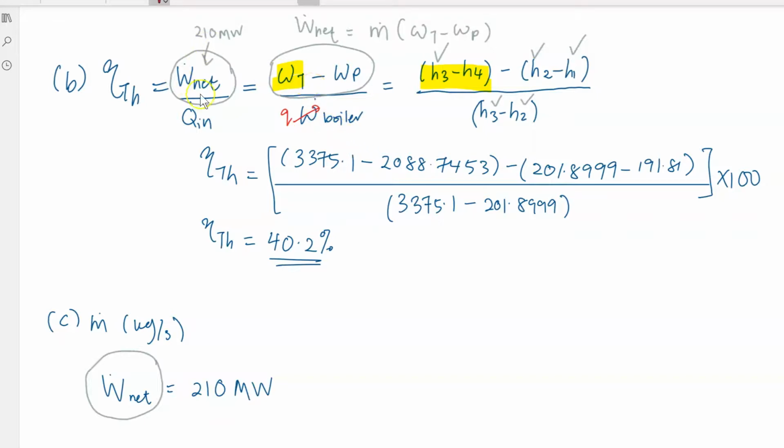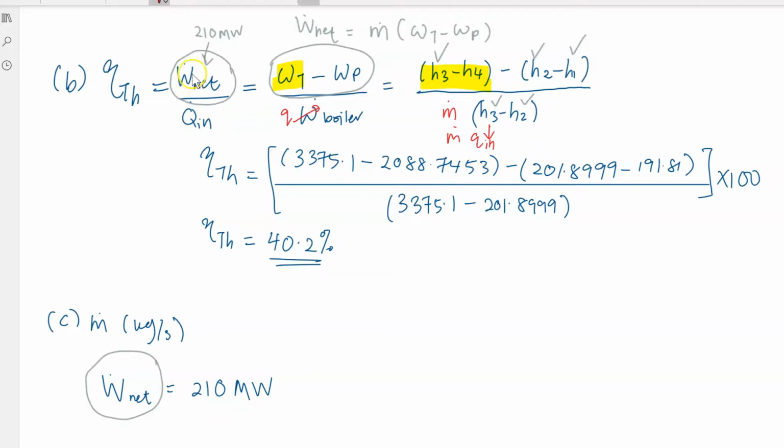Meaning if you are going to make use of W net as 210 megawatt, the value down here needs to be m dot times this H1 minus H2, which is actually your Q in. We don't have this m dot. In fact, in the C part, you were asked to find this m dot. That's why we are going to solve it state by state over here. I hope this clears up your confusion.